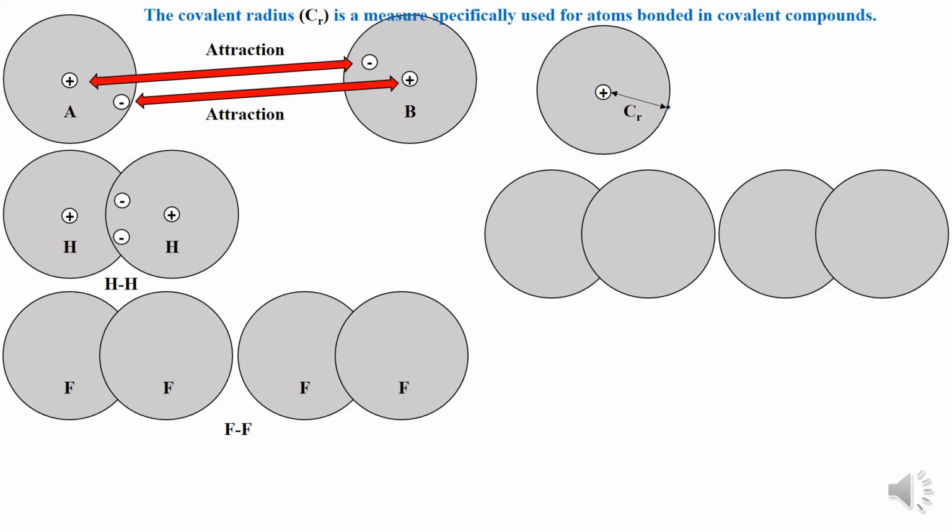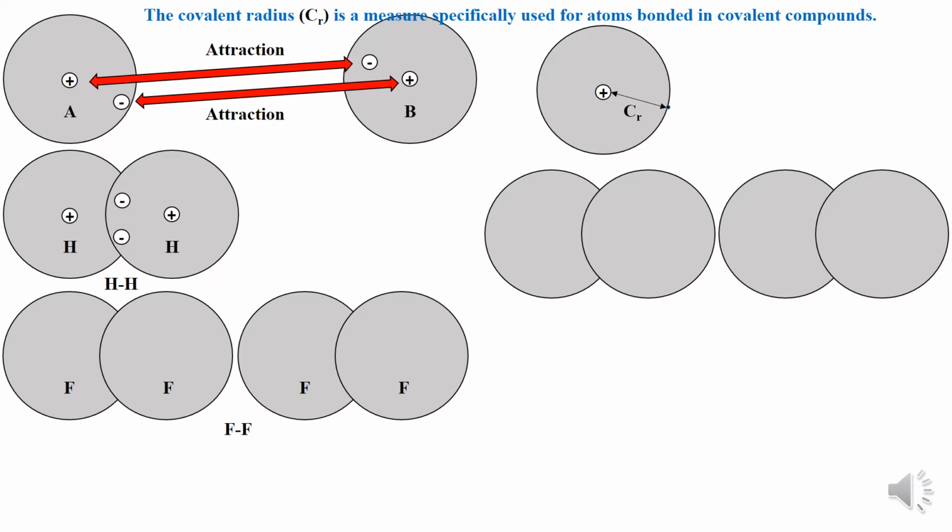That is to say, the electron density is more between the nuclei of two hydrogen atoms. So overlapping of the two electron clouds results in formation of a covalent bond, or you can put it the other way around: overlapping of atomic orbitals of the two hydrogen atoms results in formation of the hydrogen molecule.